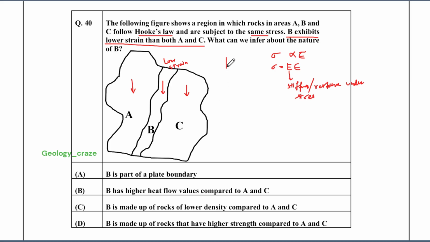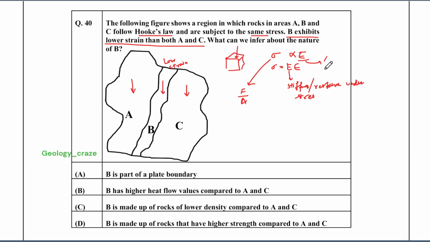Suppose we have a body and we are applying force on it. The force we apply on this area, we call it stress. Stress is force per unit area. Strain is, when we apply force on this area, what are the changes in length?